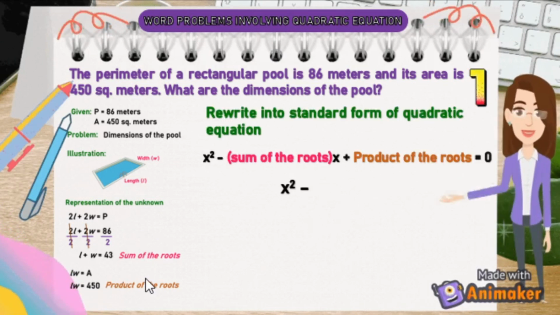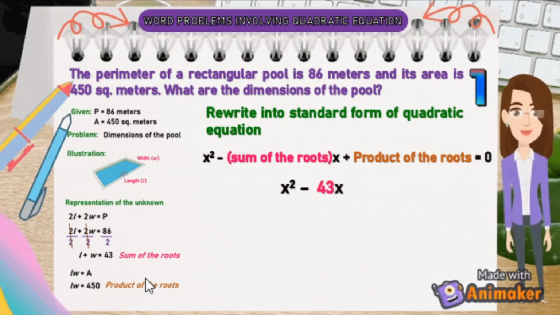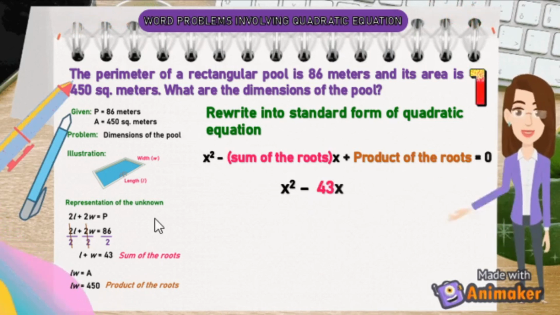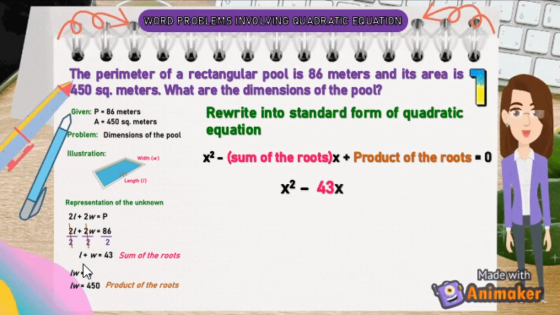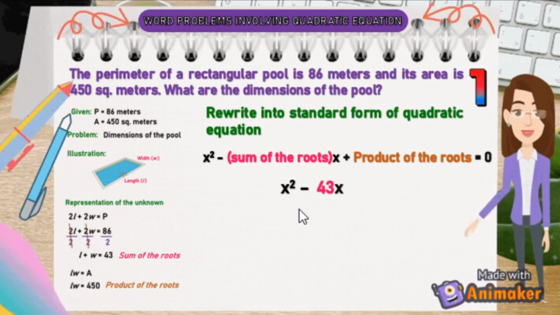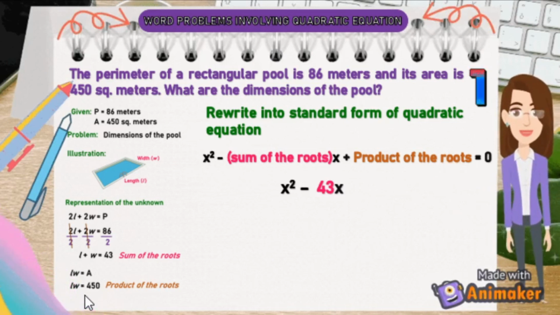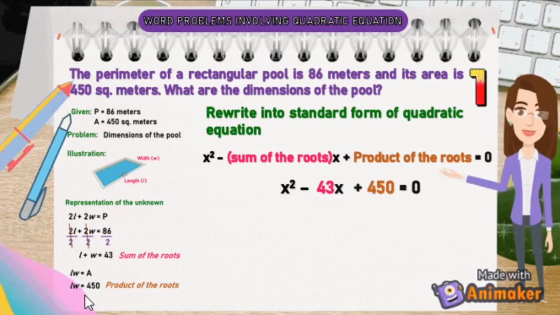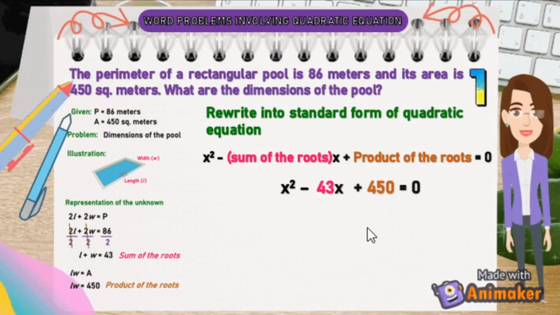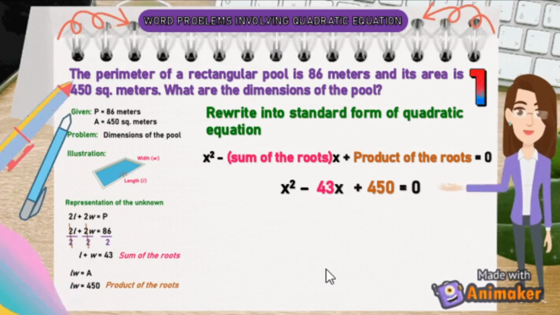So, magkakaroon tayo ng x squared minus 43x. Saan galing yung 43? Yun yung sum of the roots. Dahil positive siya sa sum, magiging negative sa equation. Plus the product of the roots which is 450. So, therefore, magkakaroon tayo ng positive 450 is equal to 0.